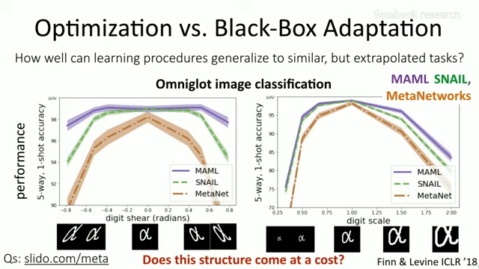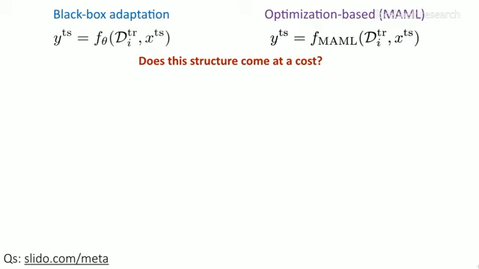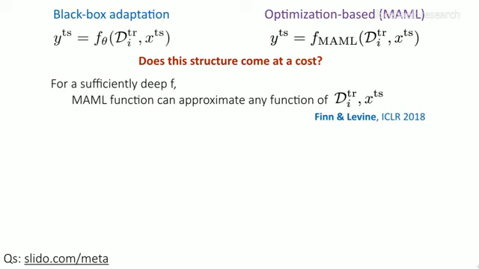Okay, so you might say, well, we get this nice structure, but does this come at a cost? As the question alluded to before, do you need to assume that the task parameters are very close to each other for different tasks? We studied this question by studying the expressive power of a single gradient step, basically the update that's used in the MAML function. For a sufficiently deep neural network function f, the MAML function on the right can represent anything that the recurrent neural network on the left can represent, which is any function of the training data and the test input.